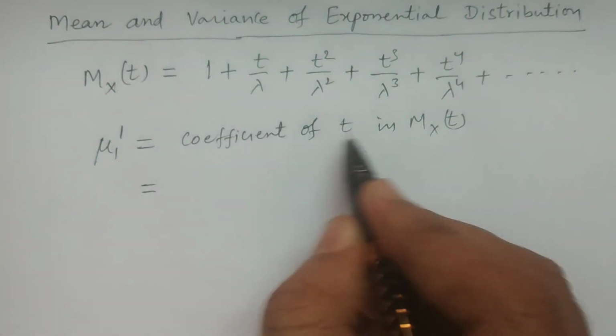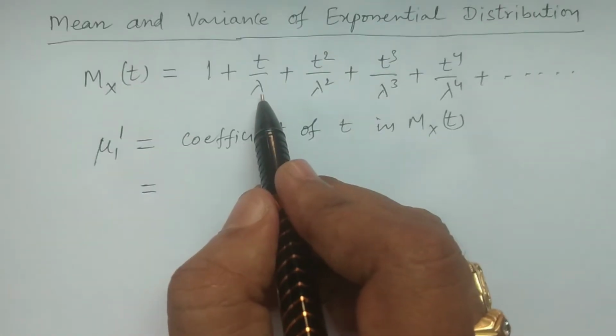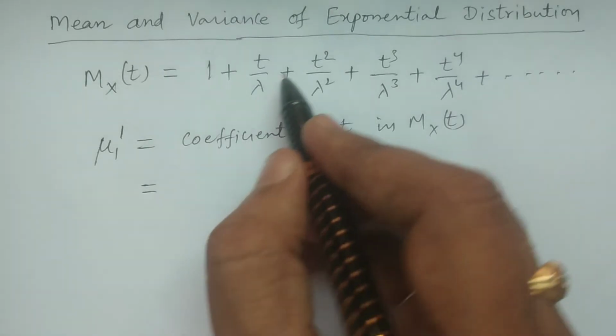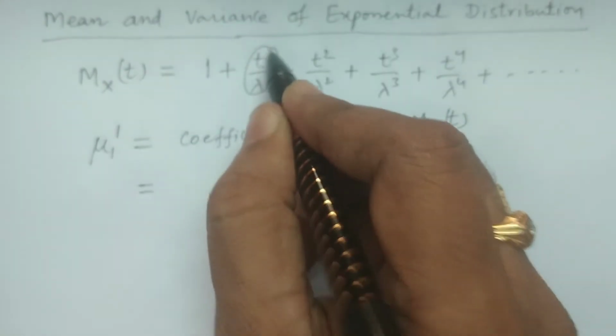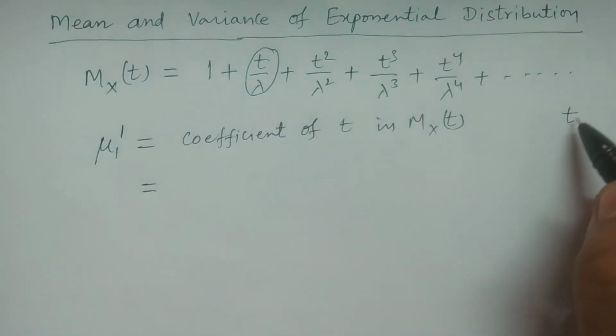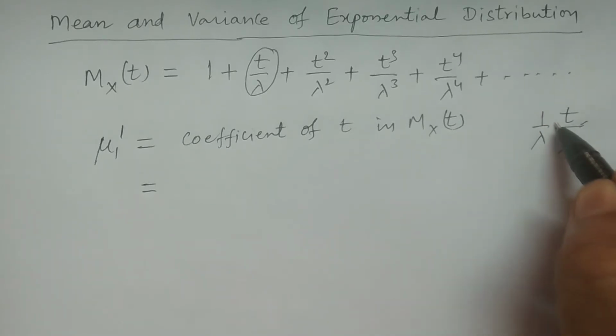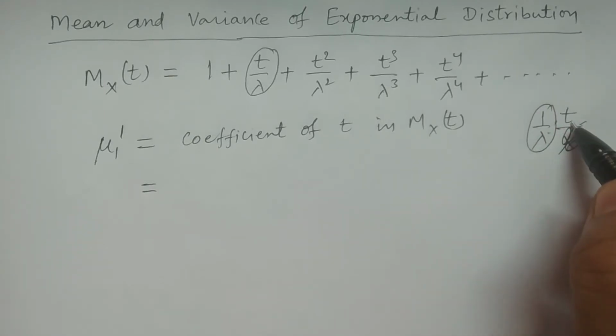Here, if you consider this M_X(t), what is the coefficient of t? First of all, you see the term of t, that is t/lambda. If you write it as 1/lambda multiplied by t, then 1/lambda is the coefficient of t.